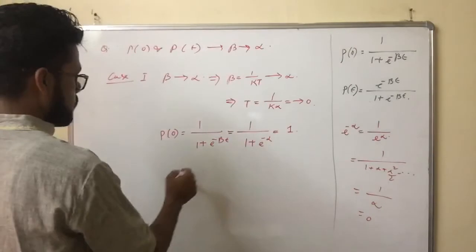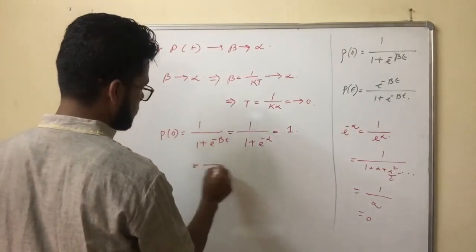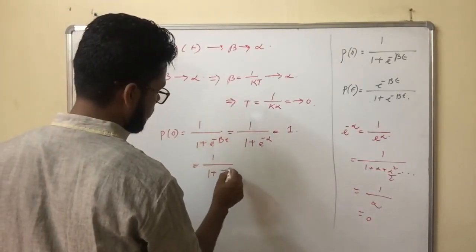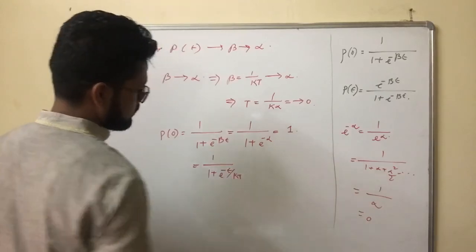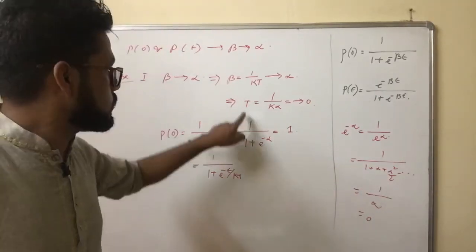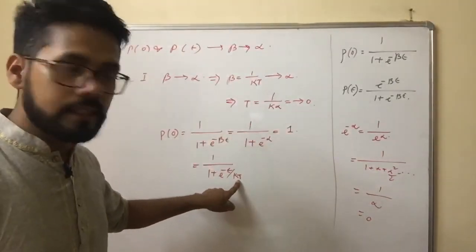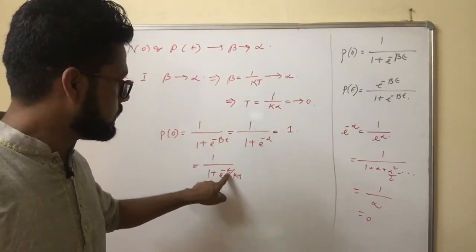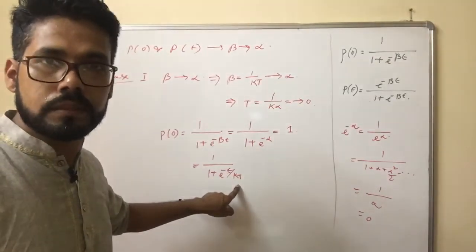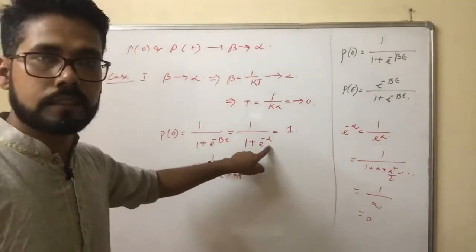Or you can say another way. Suppose you express this one as 1 plus e to the power minus E by kT. So beta tends to infinity means T tends to 0. If you put this value of T here, then E by T, anything divided by 0 is what? Infinity. Same thing, so we are getting the same, equal to 1.